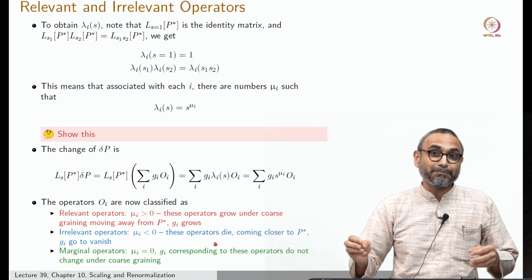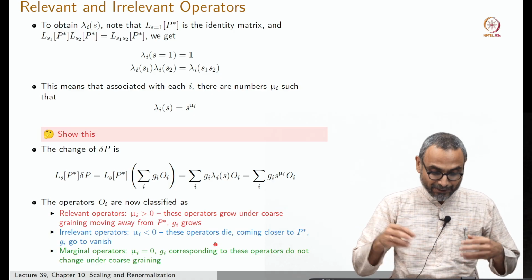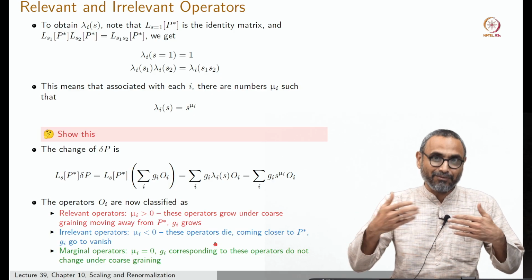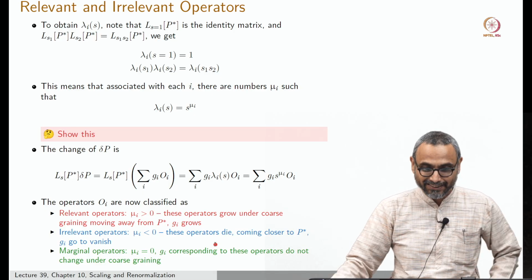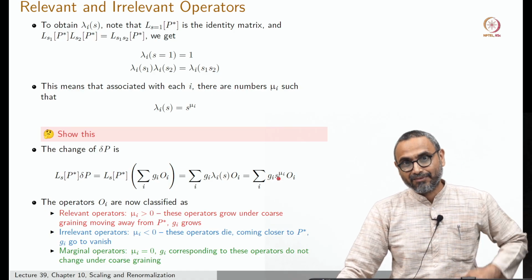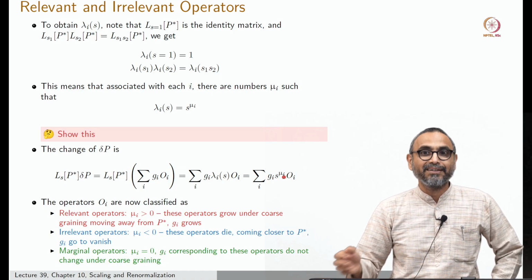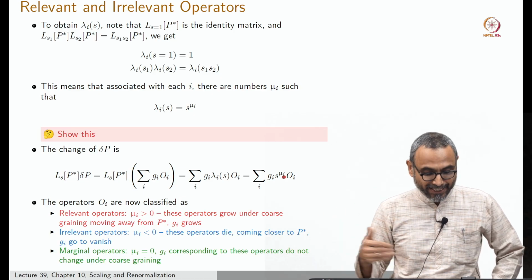Irrelevant operators means that under coarse graining you will flow back, meaning it will come closer to the critical point; it will start losing strength. As S becomes large, if S is greater than 1 and mu is negative, then that number will be smaller than 1, so in magnitude it will come down.